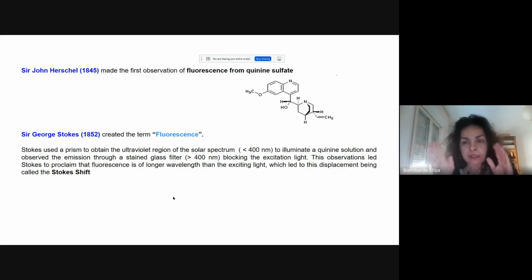This observation is quite fundamental because it proclaims that fluorescence is of longer wavelength than the excitation light, and led to the principle that nowadays is called Stokes shift, and we will see it in more detail later.